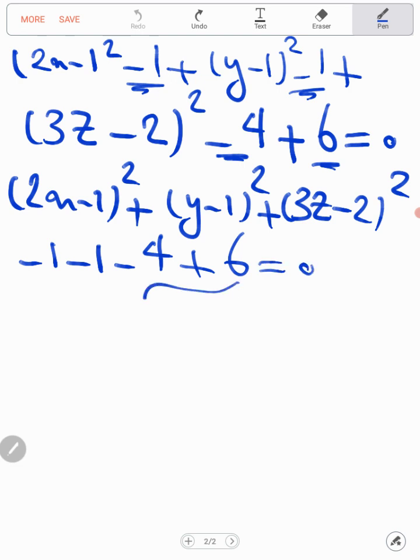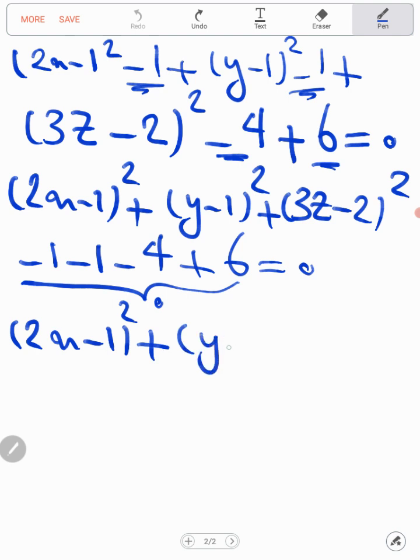The sum of these terms is equal to 0, and we have (2x minus 1) squared plus (y minus 1) squared plus (3z minus 2) squared is equal to 0.